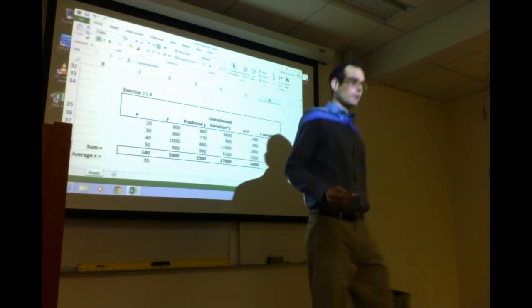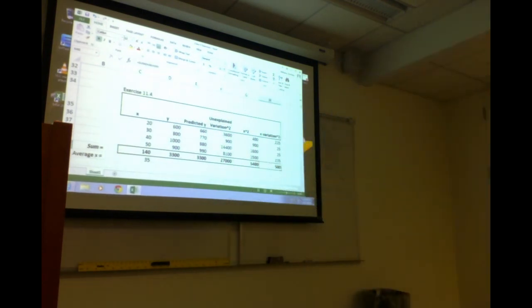SB is the standard deviation of the sampling distribution of the sample slope. And it contains two components. It is the standard error of the estimate, which is how well we fit that regression line.